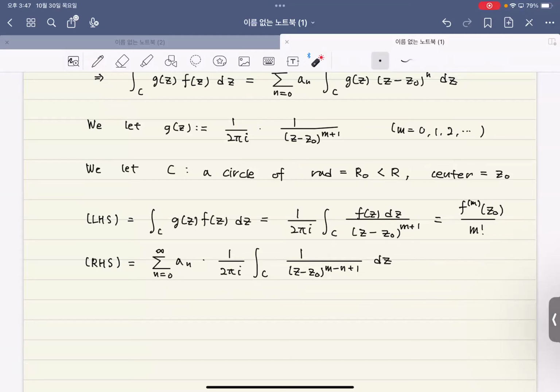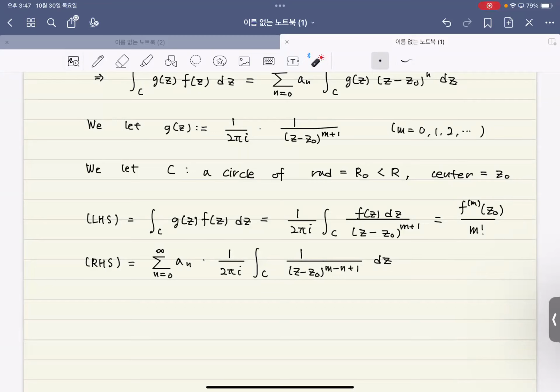But this is something that we did a long time ago. I hope you all remember this. If this is your integrand, then almost always the integral of this equals 0, as long as this exponent is not equal to 1.